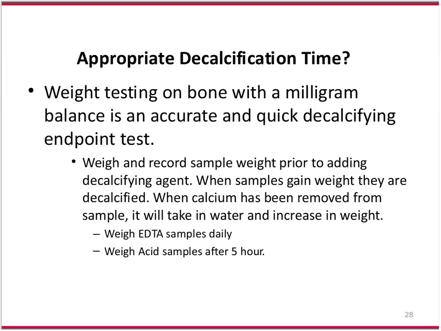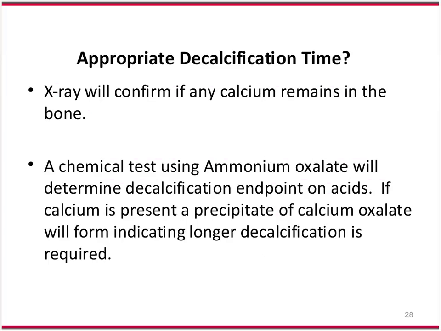And we started to say, all right, we have to make sure that things are standardized in here. What test should we do to make sure that everything is decalcified properly? This weight test is easy. Anybody can do that. X-ray will confirm if the calcium remains in the bone or not. We have that in our lab too.